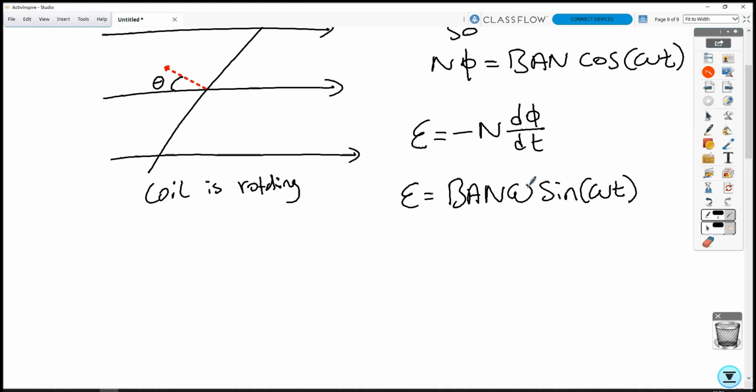So in other words, if it's a function of sine, the EMF is not constant. The EMF is oscillating. And sine has a range from +1 to -1, which means that we're inducing an alternating current, not a direct current.